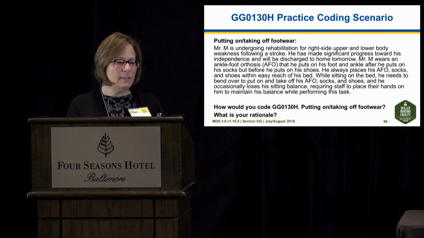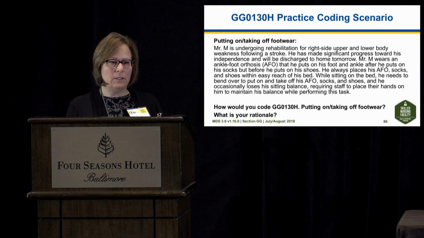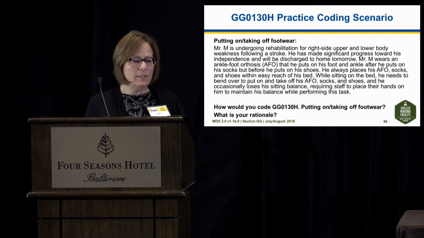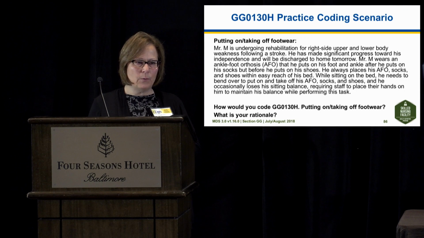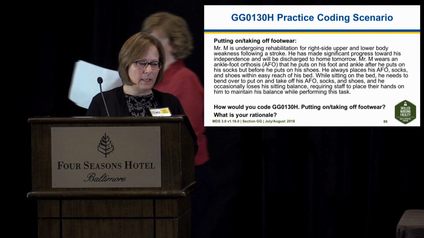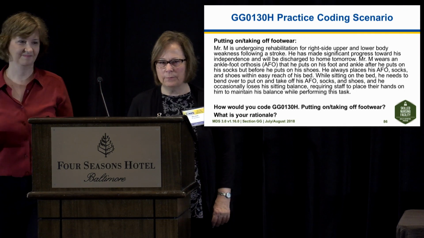He always places his AFO, socks, and shoes within easy reach of his bed. While sitting on the bed, he needs to bend over to put on and take off his AFO, socks, and shoes, and he occasionally loses his balance, requiring staff to place their hands on him to maintain his balance when performing the task. How would you code GG0130H, putting on, taking off footwear, and what's your rationale?